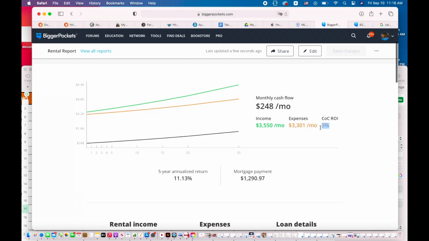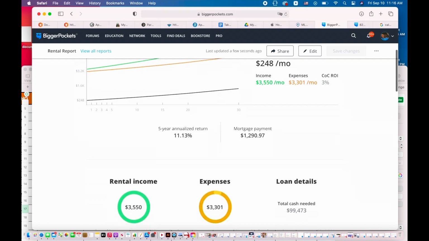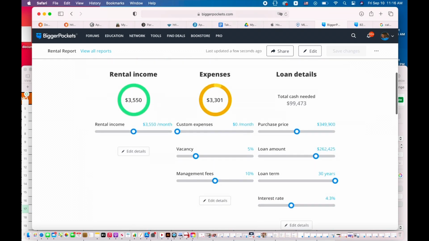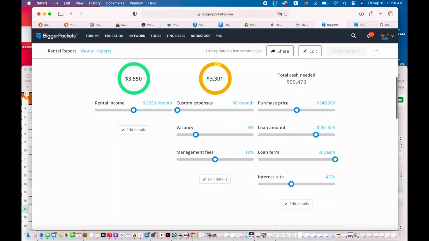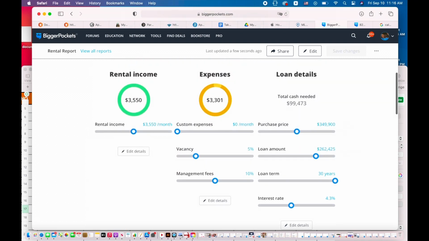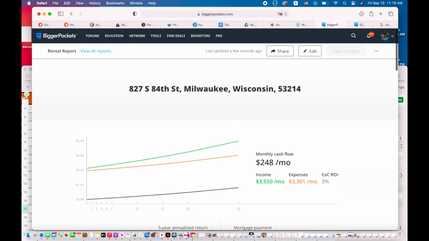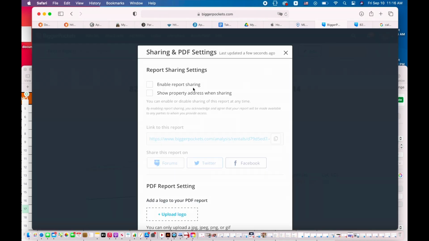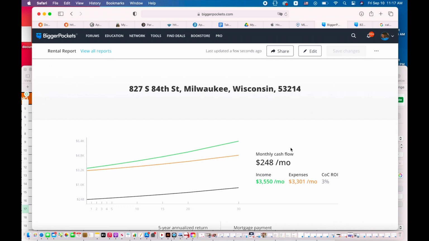Now, this deal was a little bit better, but again, with a 3% return, your money could be spent more wisely. So I definitely would not recommend going for this. If you are a newbie and you want to get a base hit deal, I recommend aiming for maybe 6% with management included, just so you can get that base hit deal and get in the game.